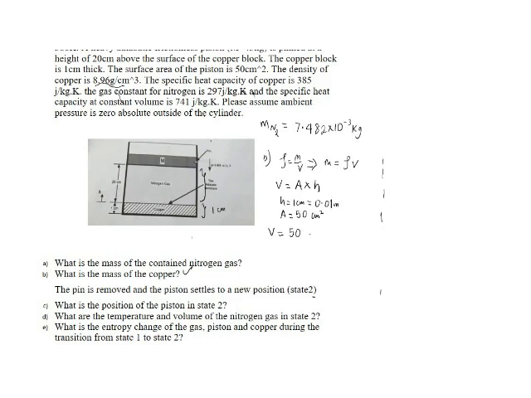I will use it without converting it, multiply by 0.01. So this is going to give us the volume to be 5 times 10 raised to the power of minus 5 meter cube.